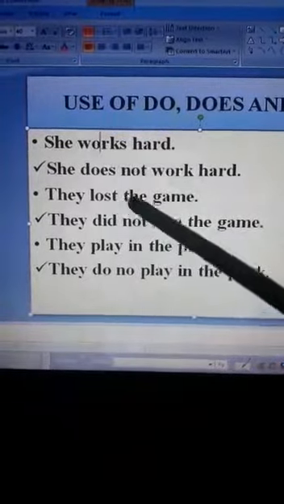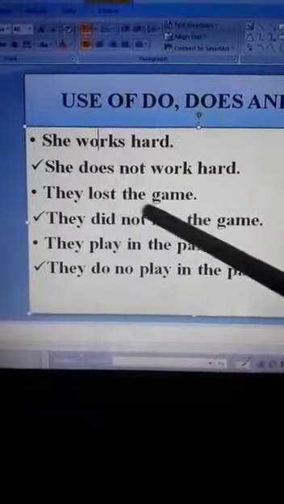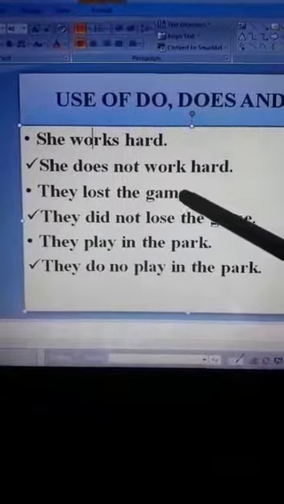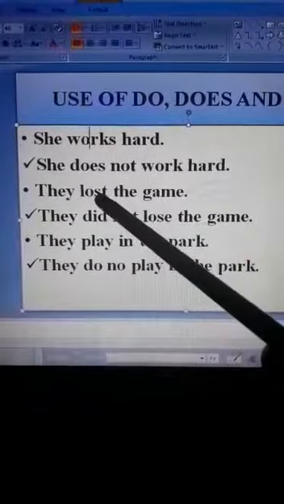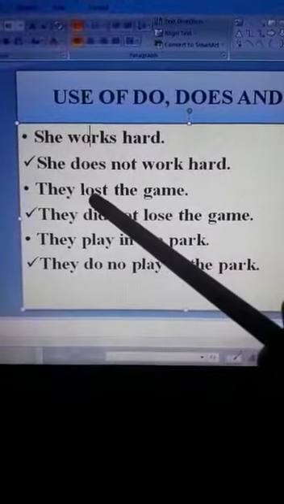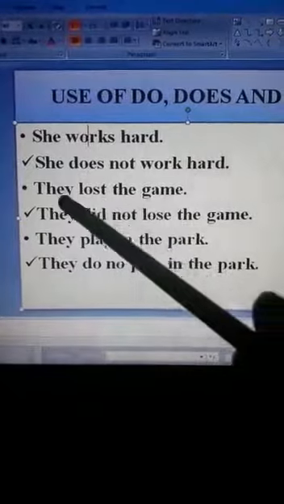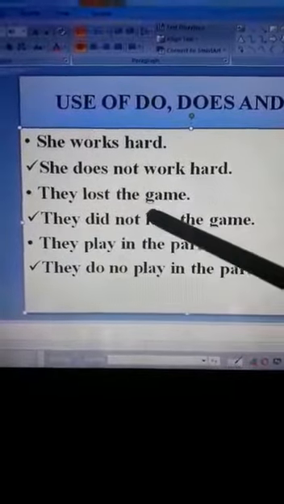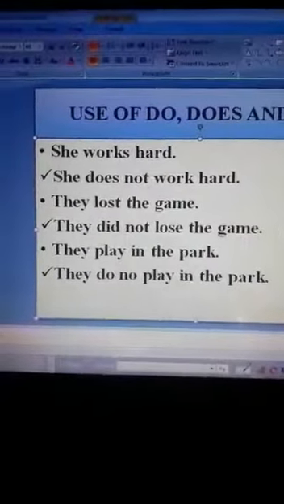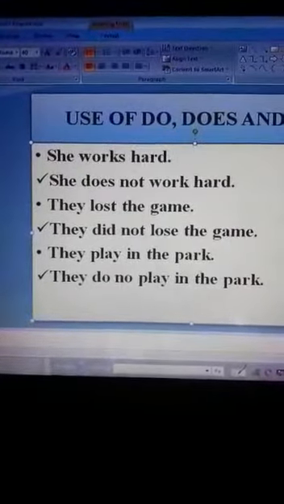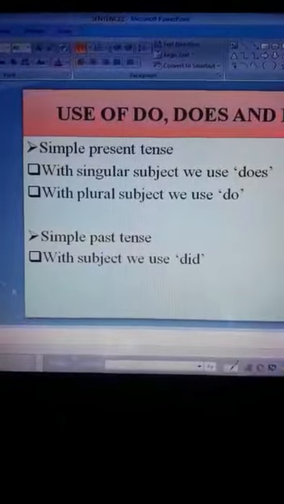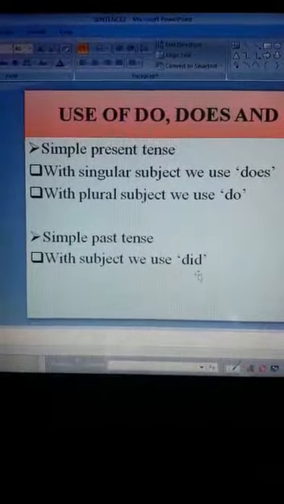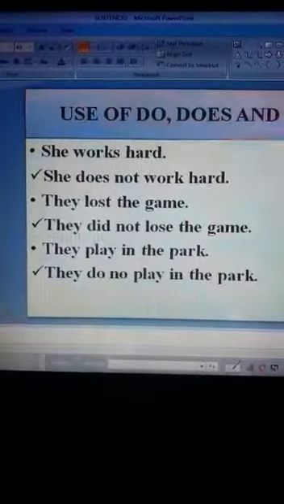They lost the game. Now, this sentence is in which tense? Lost is the second form of the verb. So, it is a past tense. And what did I tell you, which helping verb are we going to use for the past tense? Did. So what are we going to write?